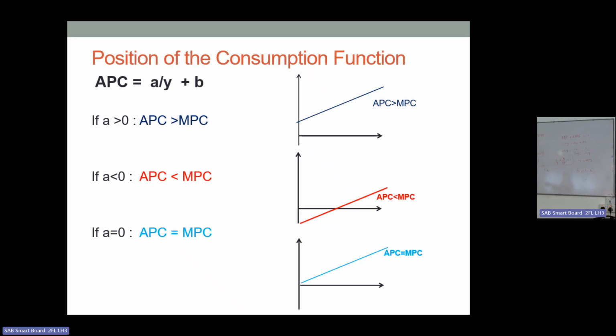Then this whole part is positive, so APC is higher than MPC.